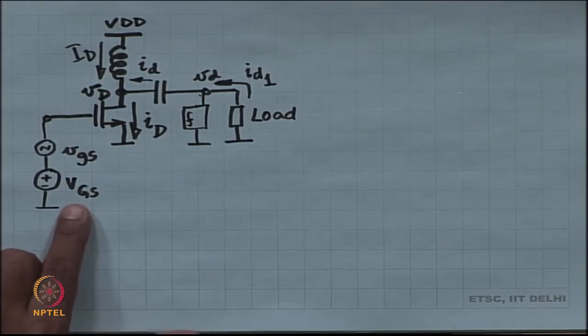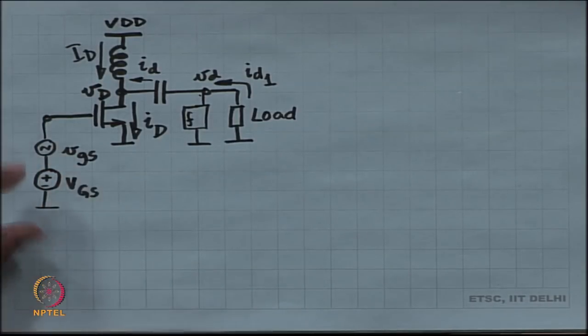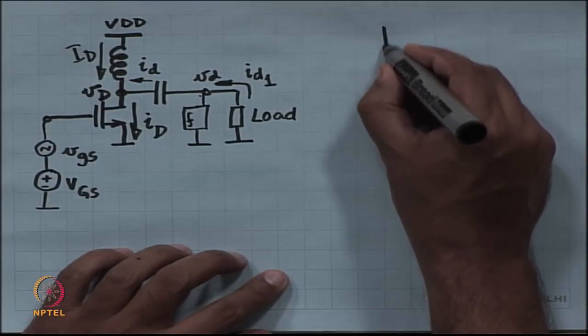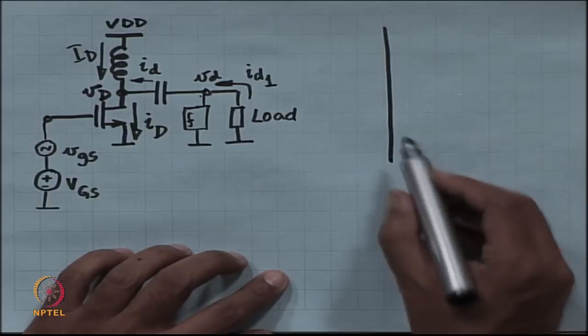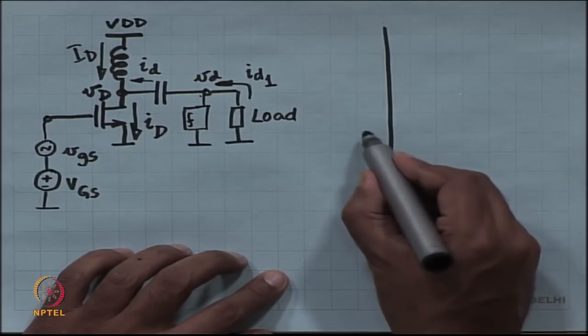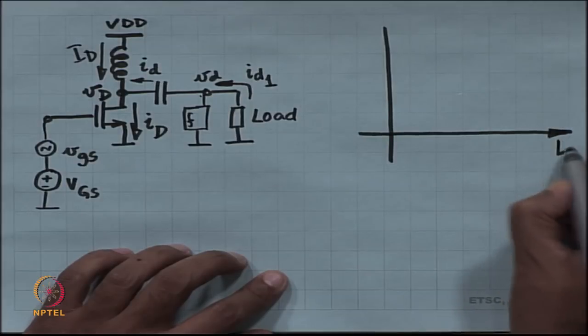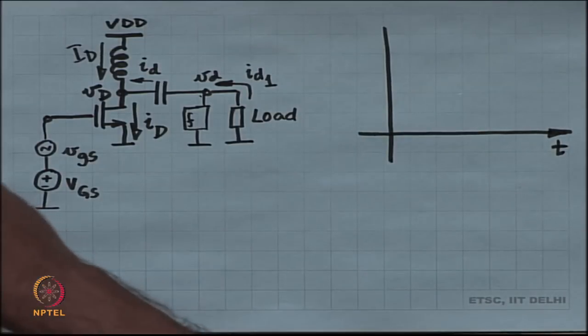Now, what we do is, if I start lowering the bias voltage, then the MOSFET is no longer continuously conducting. So, let us draw the picture.